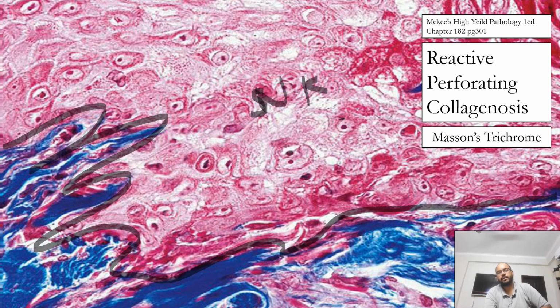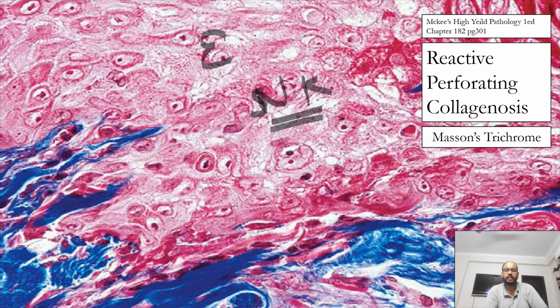These are normal keratinocytes in the epidermis. So this whole area is epidermis. This is from the dermis, and the collagen fibers are going inside the epidermis in reactive perforating collagenosis. Let's move forward.